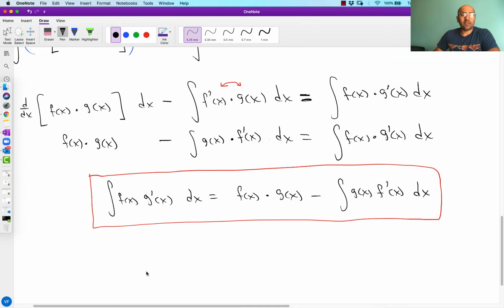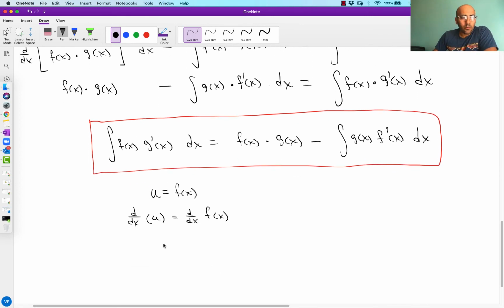So another common way that this is often presented is to do the following substitution. If we let u equal to some function f of x, then we know that the derivative of u with respect to x, d/dx of u, will be equal to d/dx of f of x, which means that du/dx will be equal to, let's call it f prime of x.